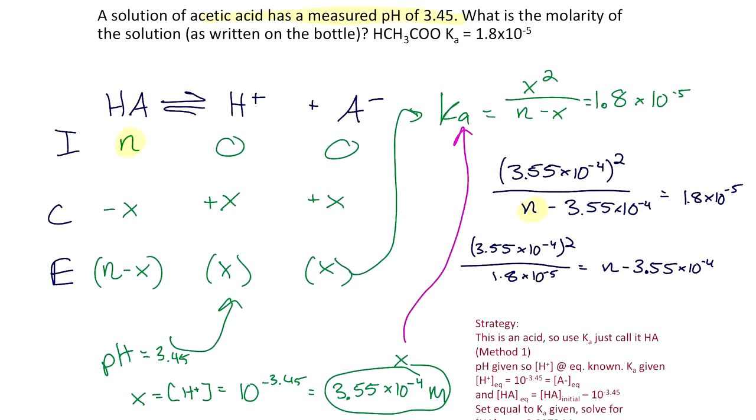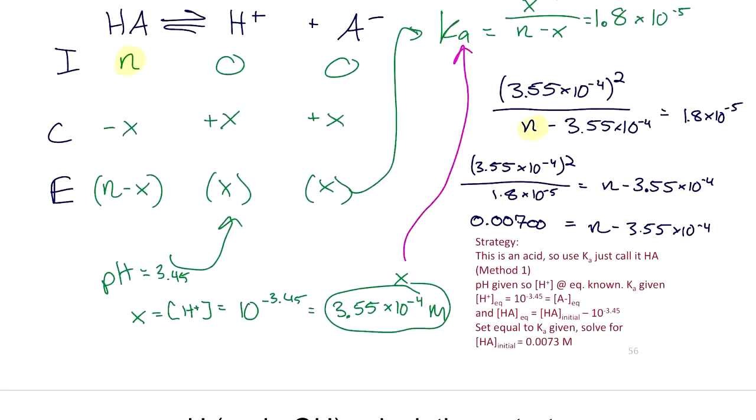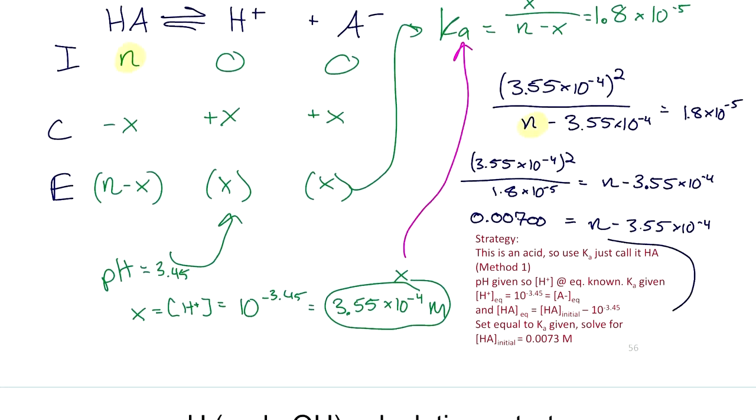So this side of the expression is 0.00700, equals N minus 3.55 times 10 to the negative 4. And so add that minus X value back, and we see that N is 0.0073.